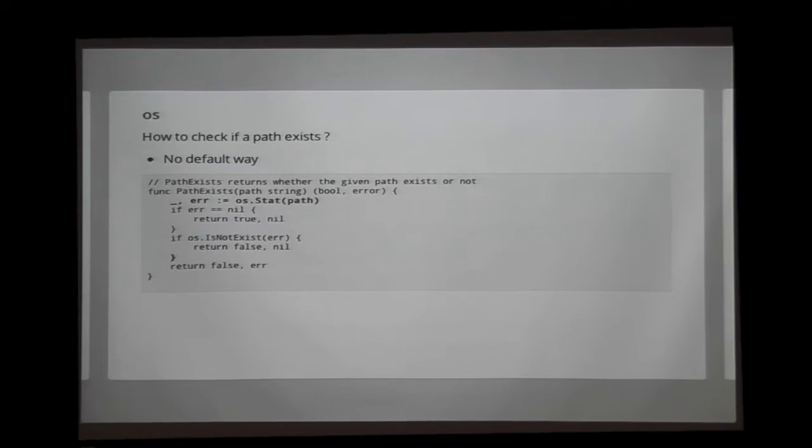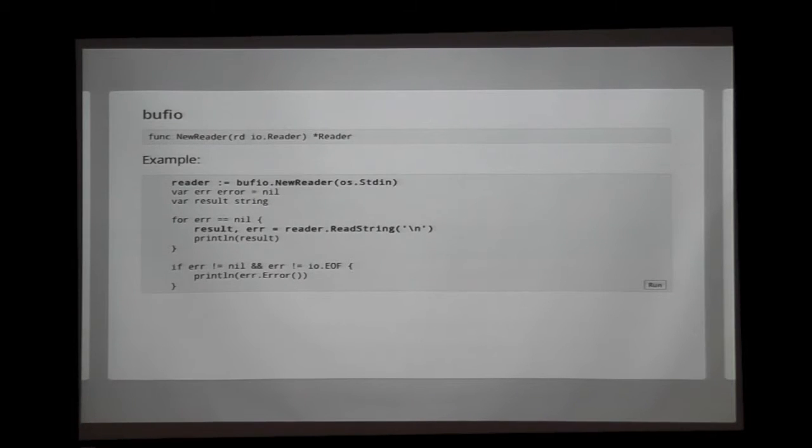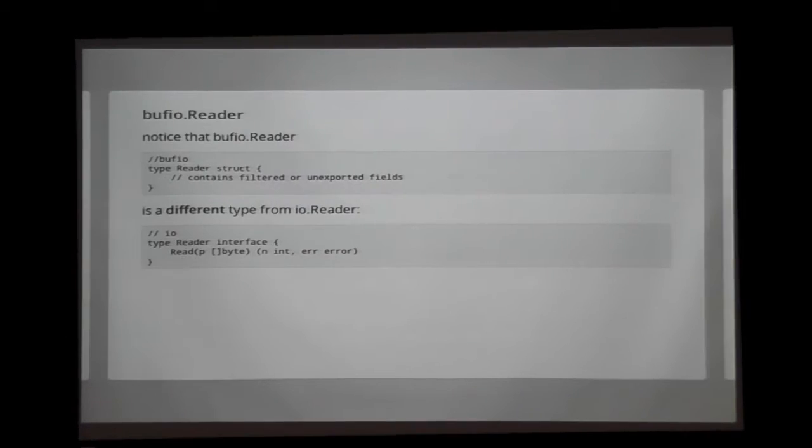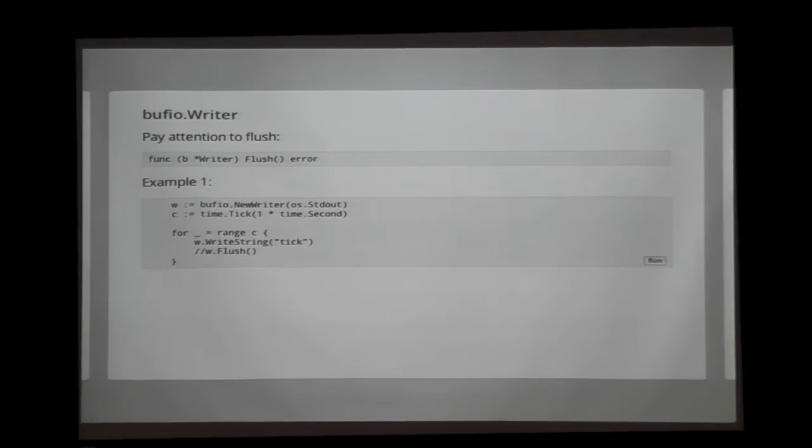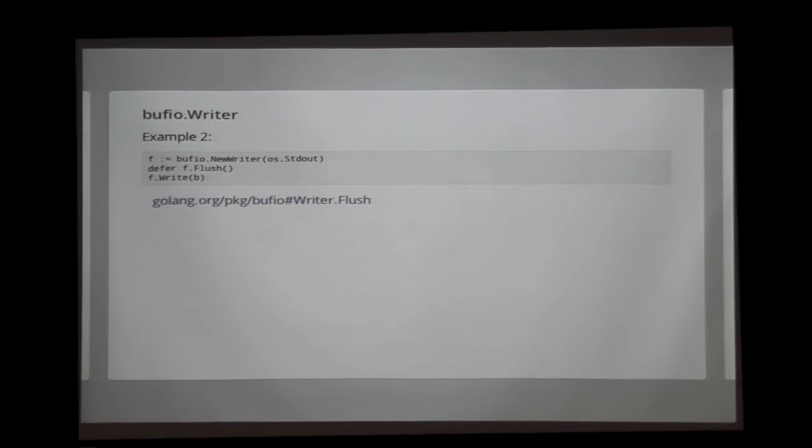How to check if a path exists. How to create an in-memory stream: peek, read byte, and unread byte. All the basic utilities and building blocks of how to manipulate strings. Particularly, we emphasized the use of defer.